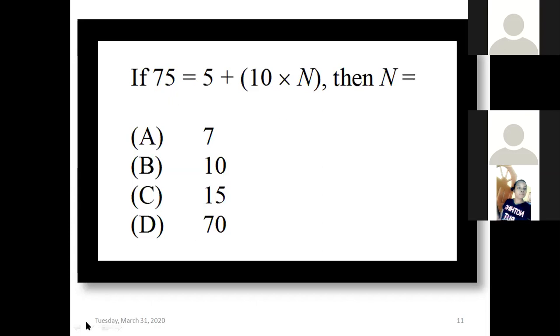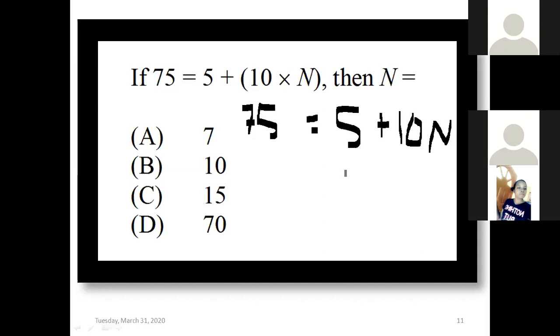All right. You could have also taken the algebraic route. You could also say that's 5 plus 10n, right?